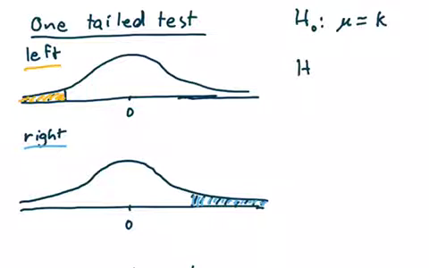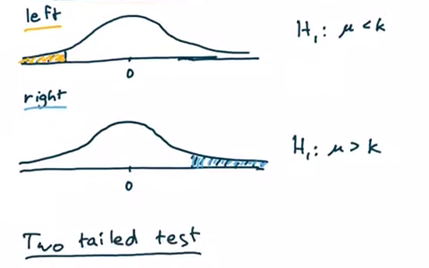For a left-tailed test, our alternative hypothesis is going to take on this form. It's going to look like mu is less than k. Right? And here, our alternative hypothesis, as you might have guessed, is going to be mu is greater than k. All right. So let's move on down.